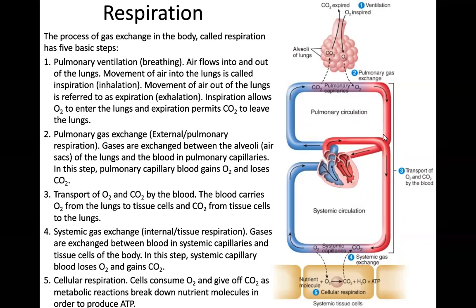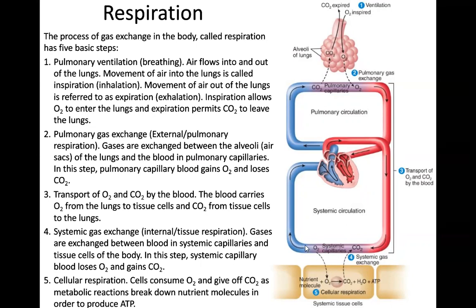Now, in our last lectures, we talked a lot about the heart and blood vessels and transporting oxygen and carbon dioxide either to and from our tissues. And that's what we're going to be talking more about here in this lecture. Step 3 is the transport of O2 and CO2 by our blood. O2 to the tissues from our lungs, where we can then unload it to the cells, to the tissues.